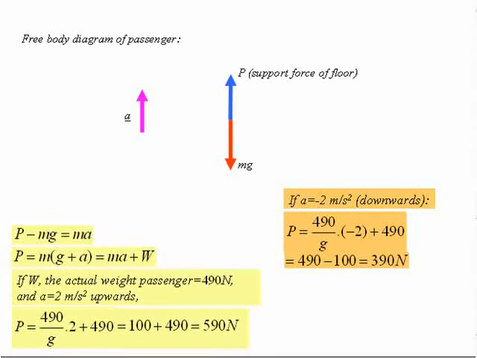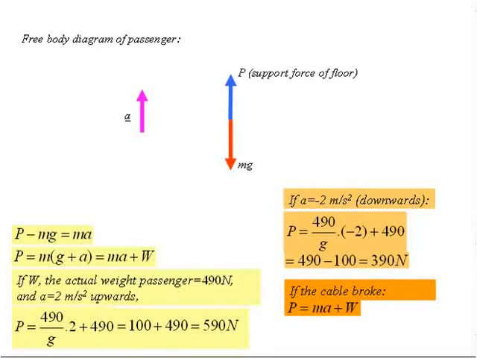Okay, what would happen to our passenger's apparent weight if the lift cable snapped? The lift would be in free fall. In other words, it would be falling freely with the acceleration of minus g, the acceleration due to gravity. So let's substitute this acceleration into our passenger's equation of motion.